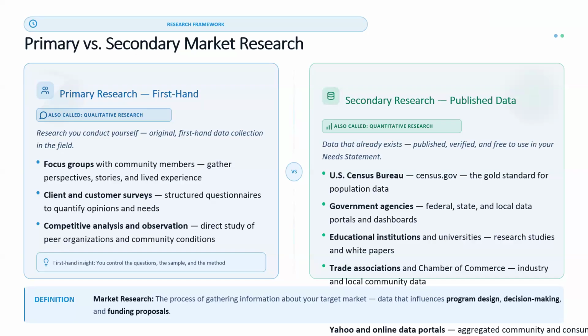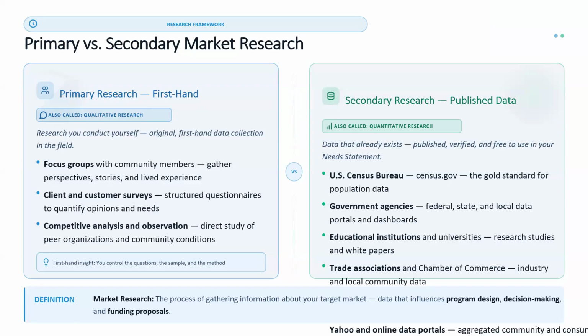That's primary versus secondary. The one thing we want to know about primary research is that it's subjective information. We're actually asking the person themselves. Secondary research is what we call objective.